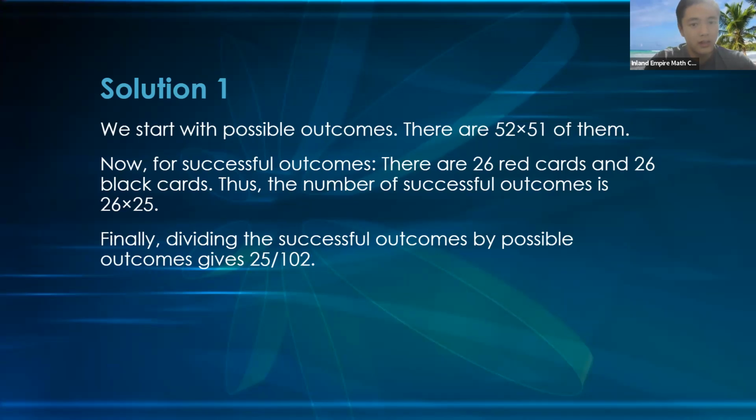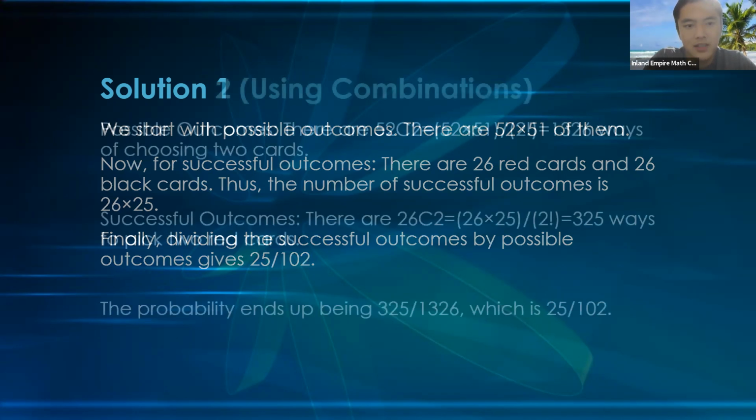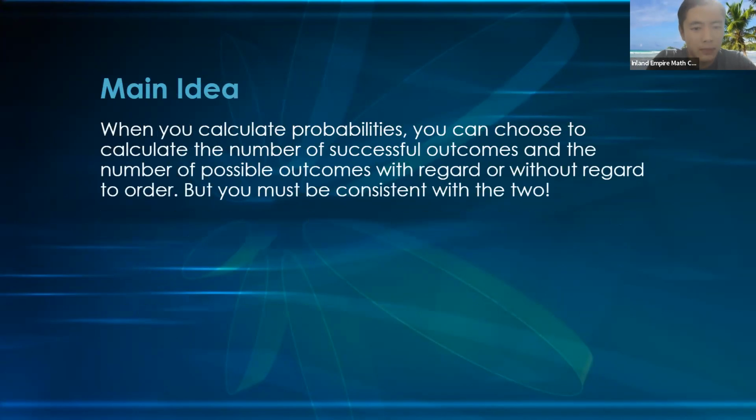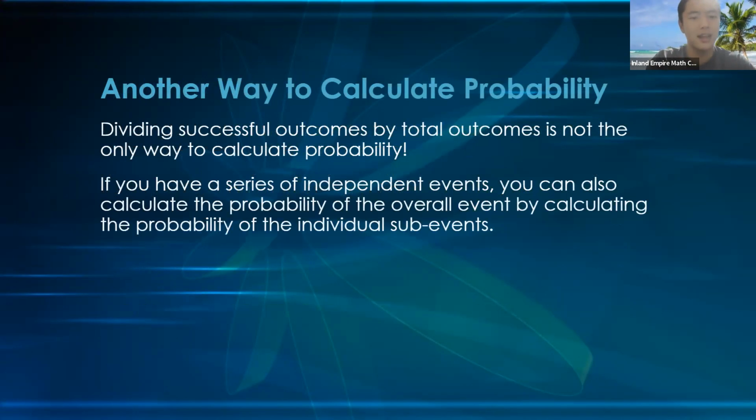You cannot include order in one case and not in the other, because that would mess up the calculation. So when you calculate probabilities, it's pretty freestyle, but you have to make sure that whether or not you're accounting for the order in which objects are arranged, you are consistent between successful outcomes and total outcomes.